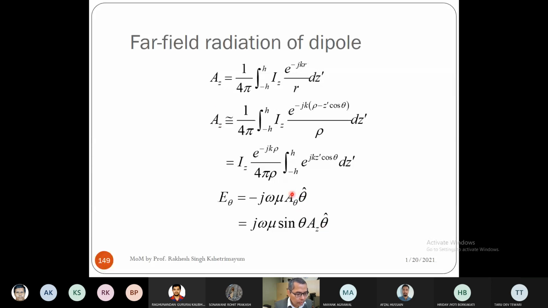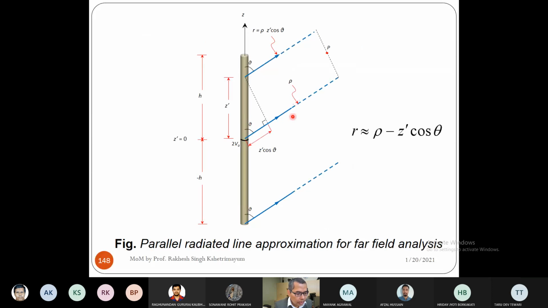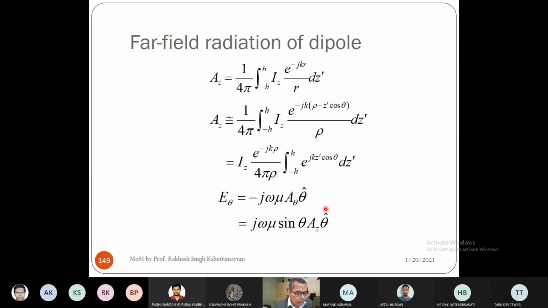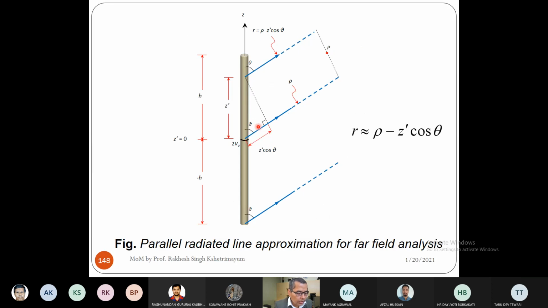A theta, you can see here. This a theta is basically your projection of az along the theta direction. And what is the angle between z and theta? So the angle between the z direction and theta will be theta plus pi by 2.